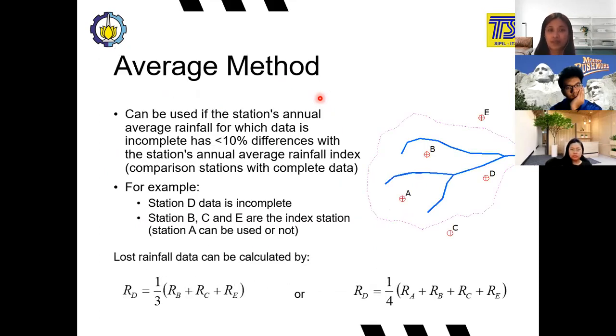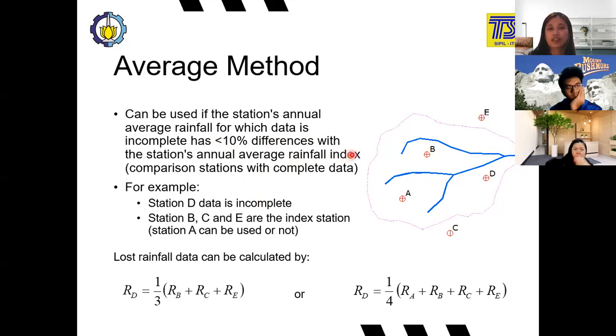Here, we have the first method, the average method. If we have incomplete rainfall data, we can use this method if the average rainfall of the station whose data is incomplete has less than 10% difference from the station's annual average rainfall index.